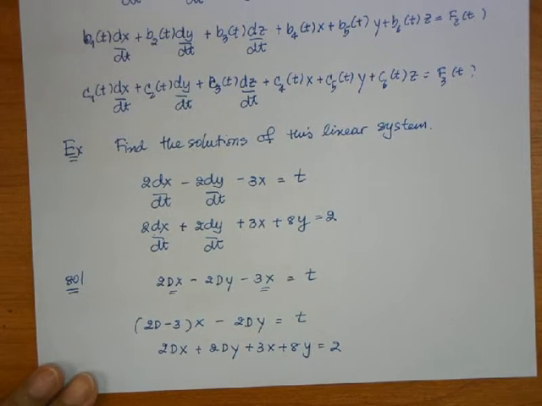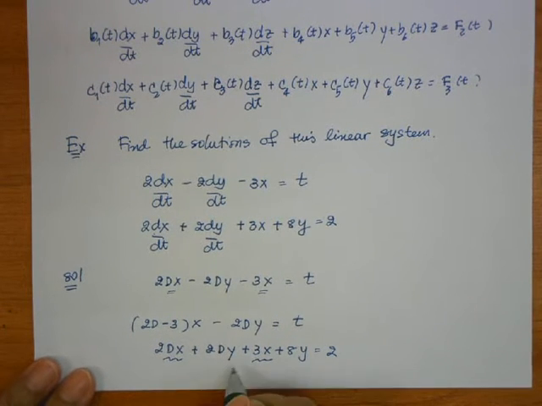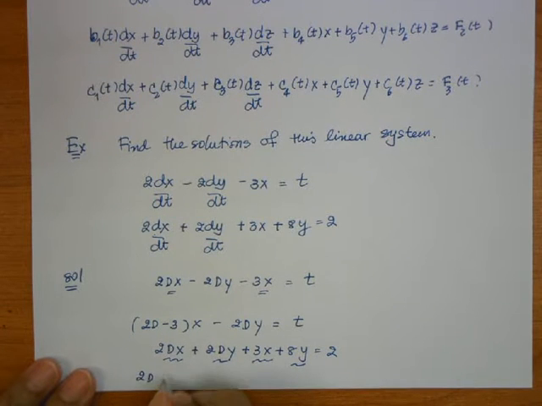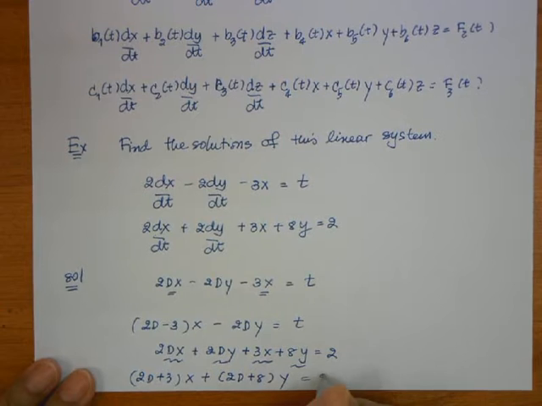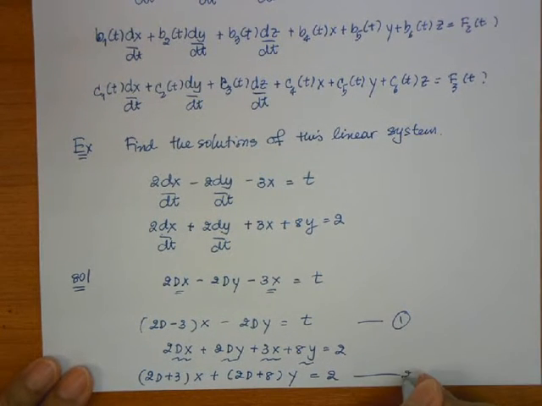Now we are going to rearrange this differential equation in such a way that we put x together and y together. So we would get (2D plus 3)x plus (2D plus 8)y equal to 2. So we have this equation and this equation that we are going to use.